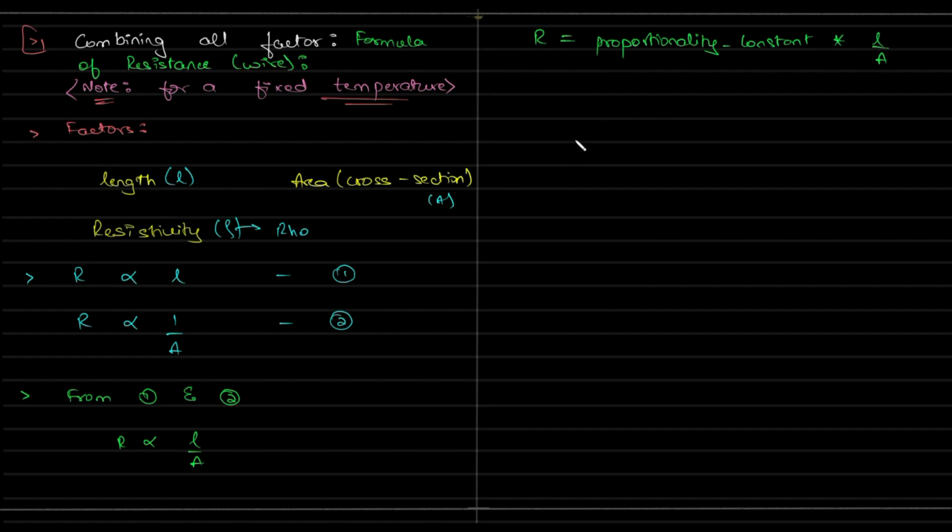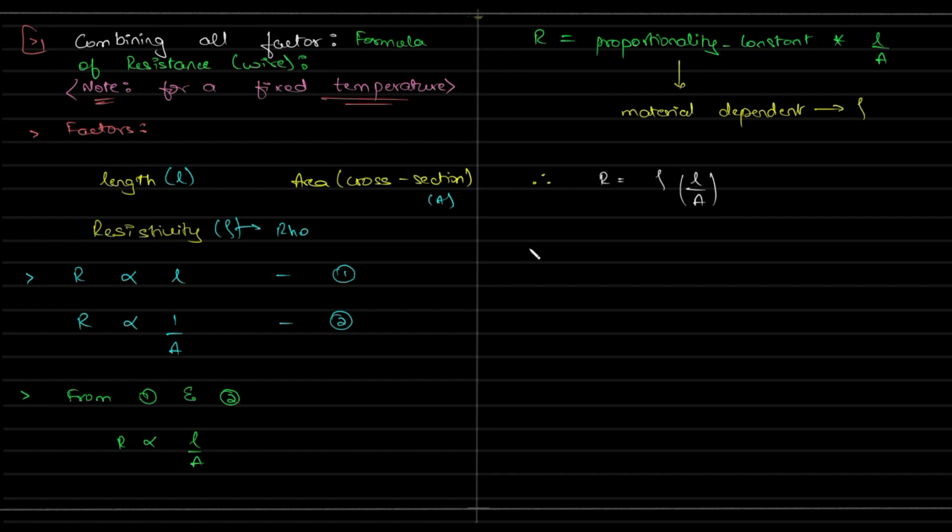And when you remove the proportionality symbol, you have to write a proportionality constant. And this constant turns out to be material dependent, and that is represented with the help of resistivity. So therefore, we have the formula of resistance: R is equal to rho L by A.